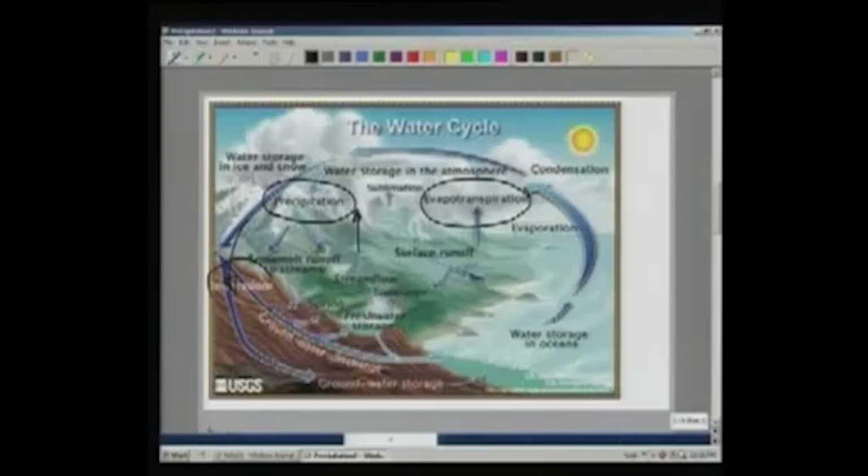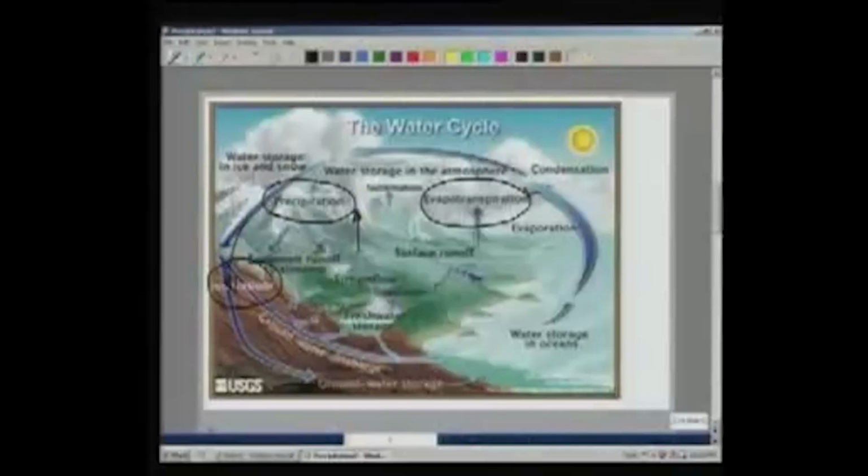So evapotranspiration and infiltration, these are the two abstractions from the precipitation, and most of the rest goes to the streams or over the surface as surface runoff. Part of it goes inside the ground and again goes to the streams and ocean as underground runoff, or what we call base flow.